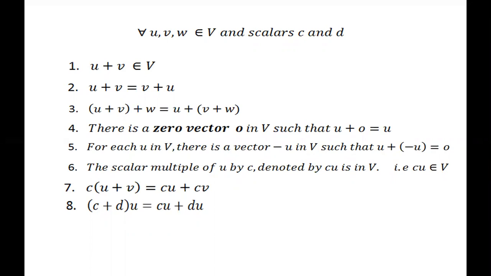Here c and d are scalars and u is a vector. And the ninth one is c times du is equal to cd times u. Finally, 1u is equal to u. If a non-empty set satisfies all these 10 conditions, we say that set is a vector space.